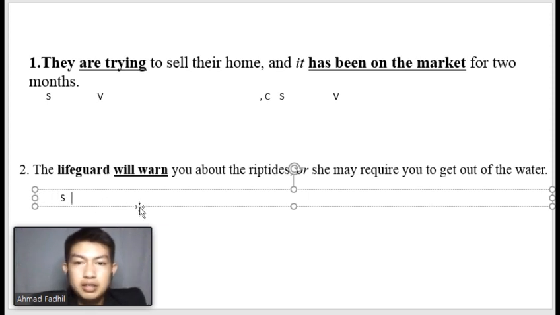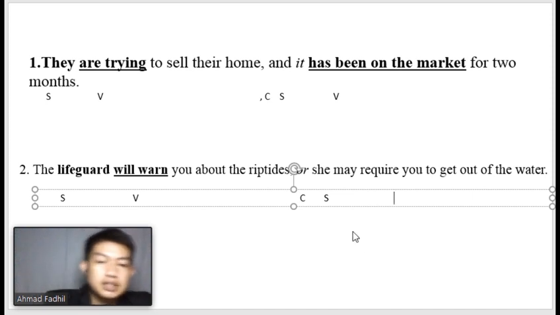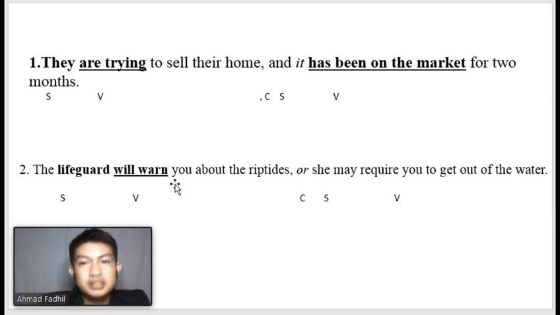Will warn is the first verb, or is the connector, she is the second subject, and require is the second verb. So this second question is correct.